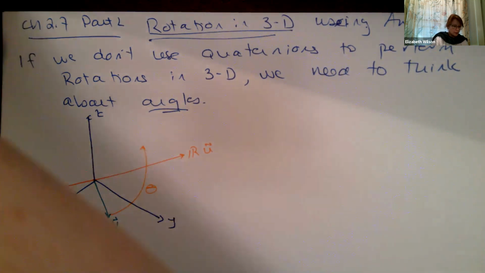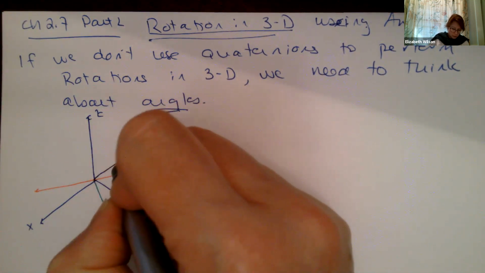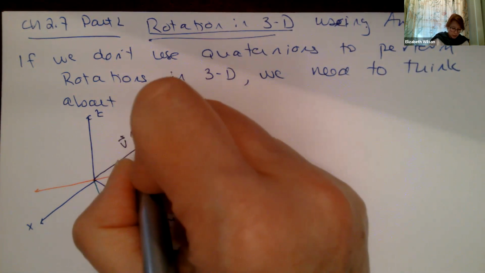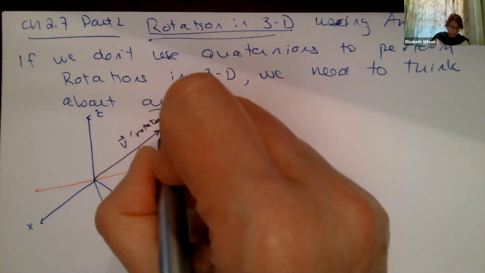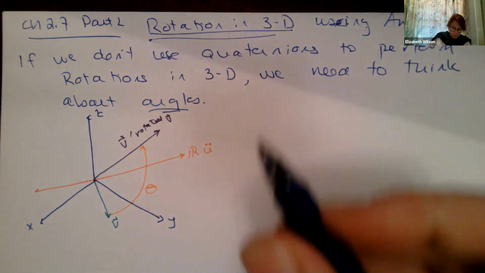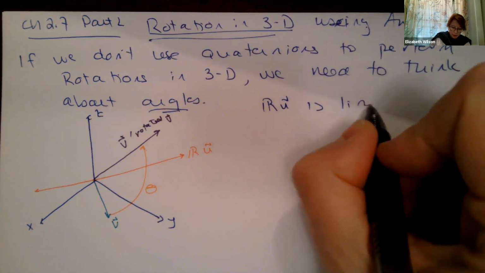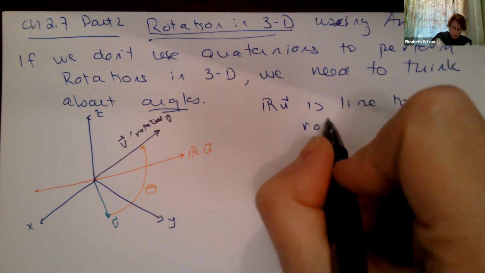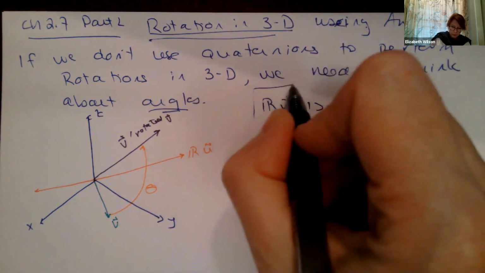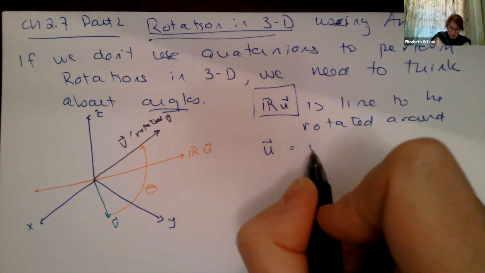And then what we're going to get out of it is V prime. This is our rotated vector.